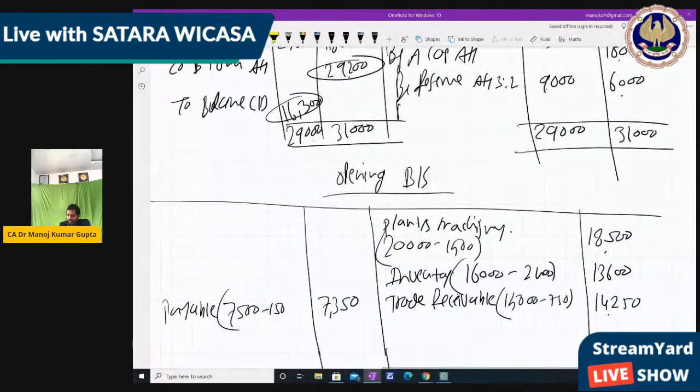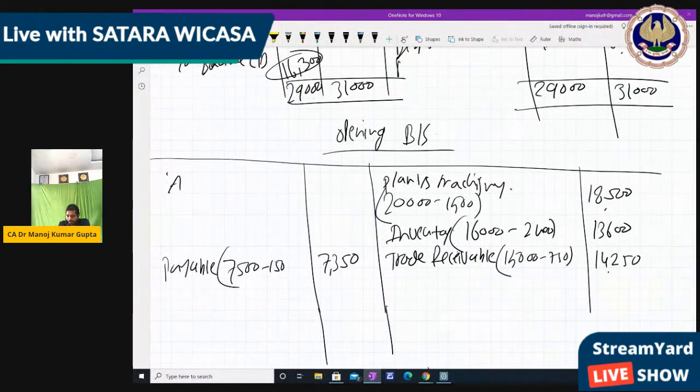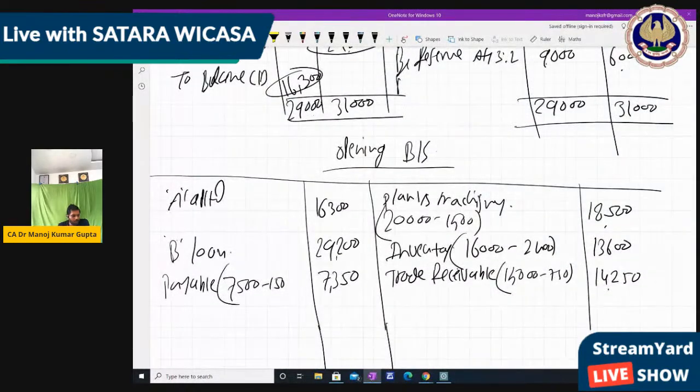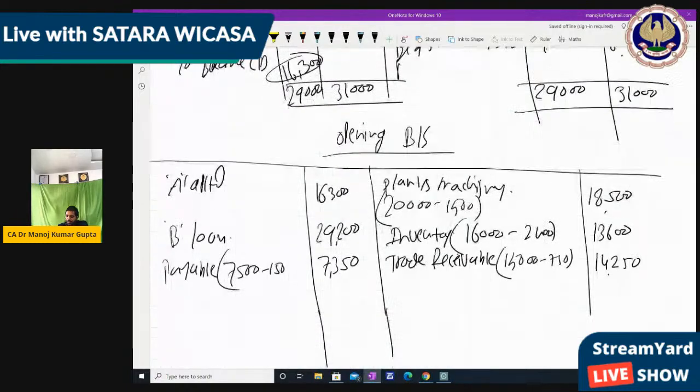In the balance sheet, A's capital 16,300, B's loan now because he is no more a partner, 29,200. Clear? Everything is done.